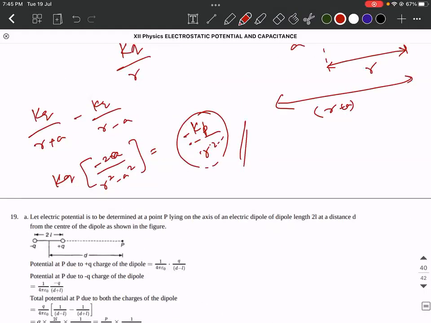I hope we have covered all kinds of problems in this. Is it clear? So this is over. Next we have the current electricity part and moving charges. We'll discuss those papers, then we'll go to the next module. Next module, 8 chapters coming.